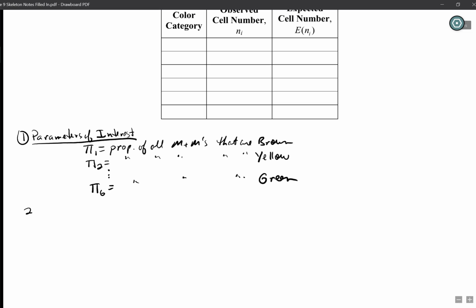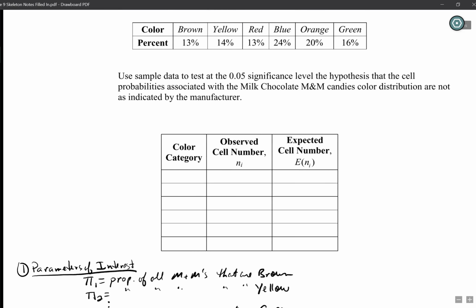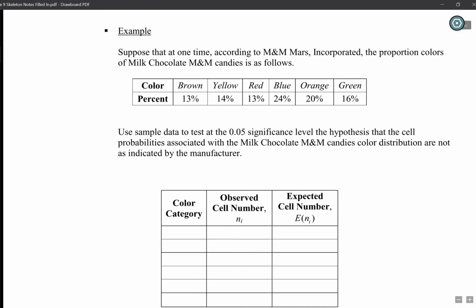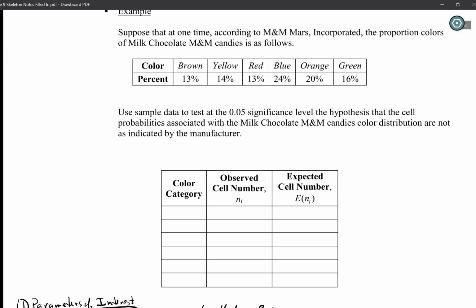And if I look at the question here, we're asking a question about the stated proportions of color. So we're going to use sample data to test the hypothesis that the cell probabilities associated with the M&M candy's color distribution are not as indicated by the manufacturer.